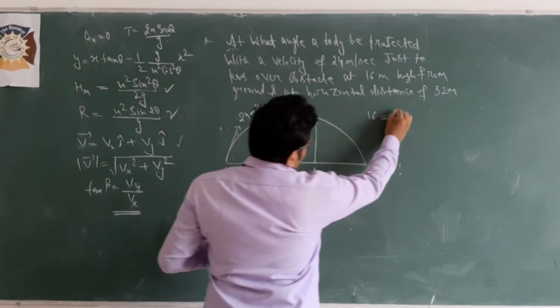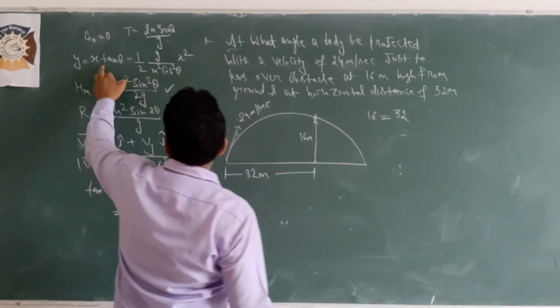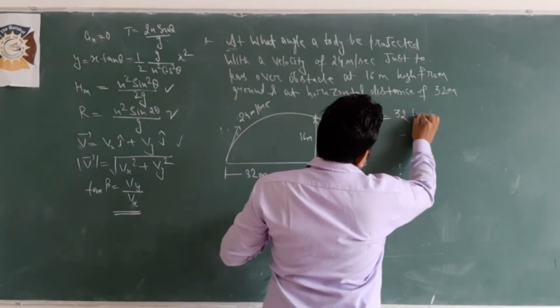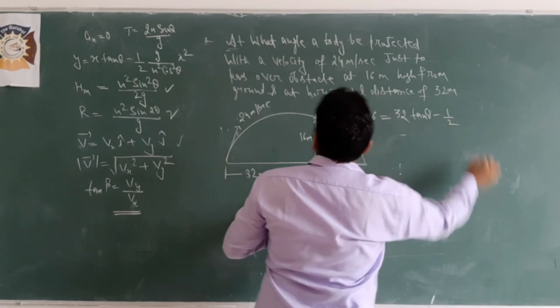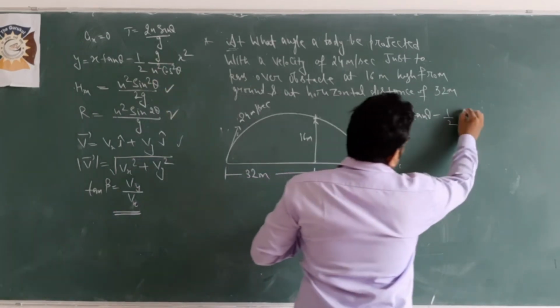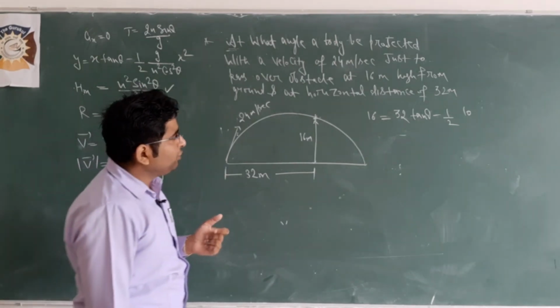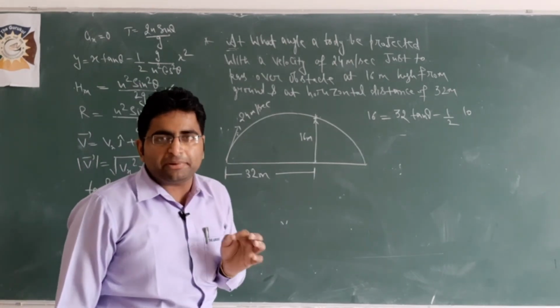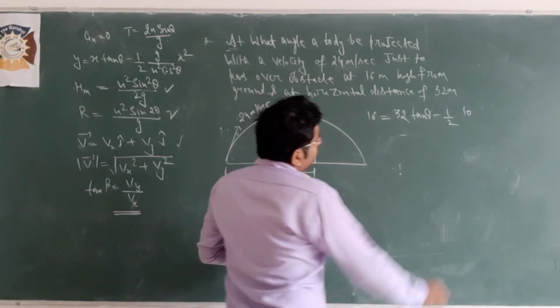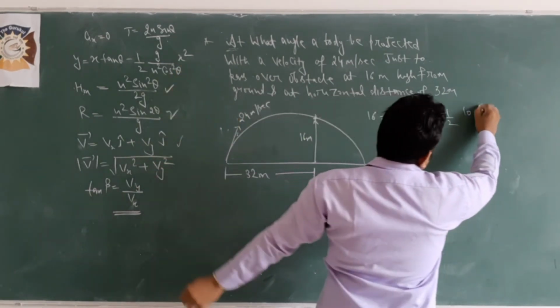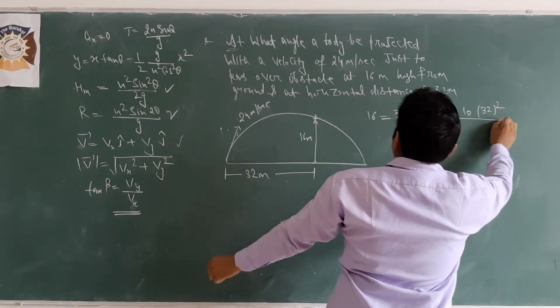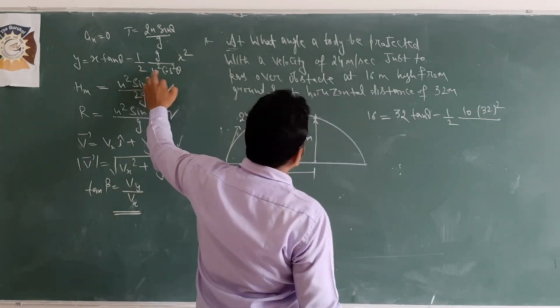So y is 16, x is 32, tan theta as it is, minus 1 by 2 g. In this question it is mentioned that we have to take the value of g as 10 meter per second square. x square is 32 square divided by u square cos square theta.